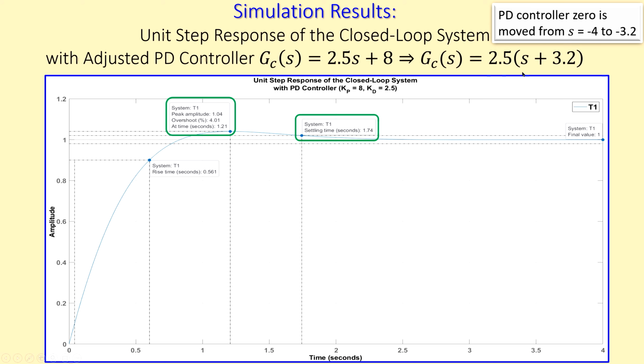So we have to make a little bit of adjustment, by making the D controller gain larger, and that makes the 0 of the PD controller smaller, or makes it closer to the vertical axis. You might ask, can I make this maybe larger or smaller? That is what you need to simulate and judge for yourself to find the best option. This is not a perfect solution.